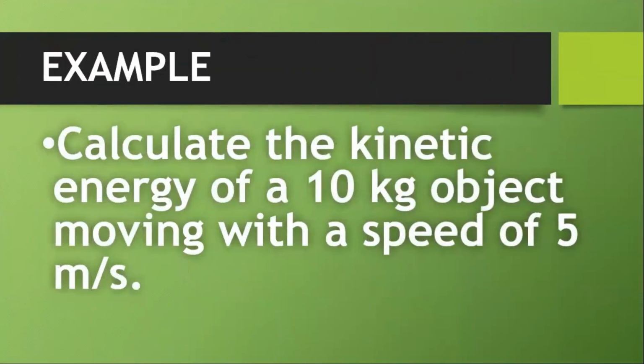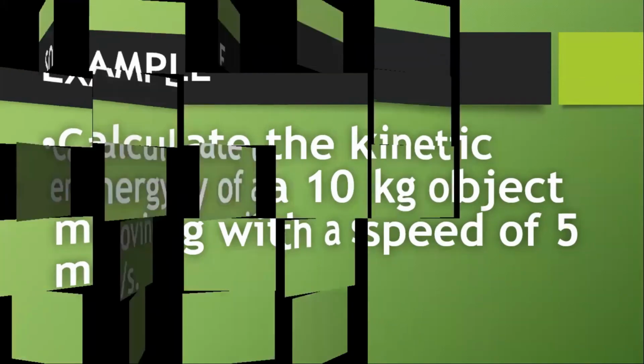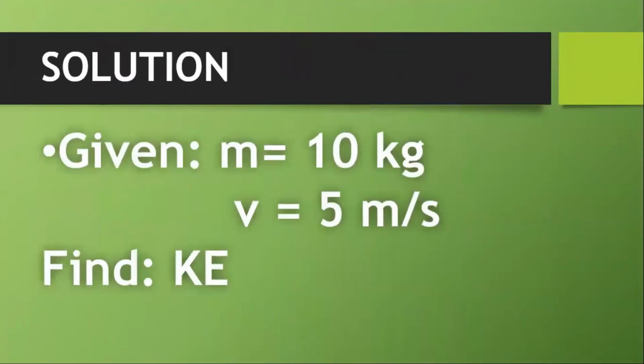So let us calculate this kinetic energy. Let's say there is a 10 kilogram object moving with a speed of 5 meters per second. How are we going to get the kinetic energy? Following the given formula, let's first find the given in the word problem. For the mass, we have 10 kilograms and the velocity is 5 meters per second.